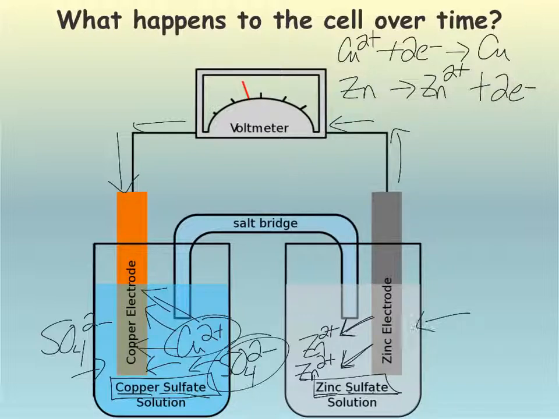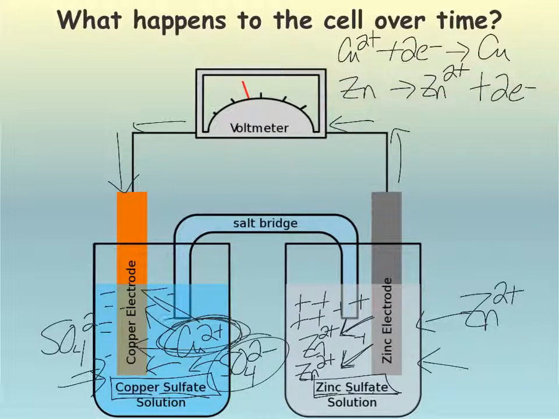So the side that's being oxidized has too many positives. It's giving away so many electrons that the solution itself has become too positive. On this side, because we're losing all our positives to the electrode, we have too many negatives in this solution.